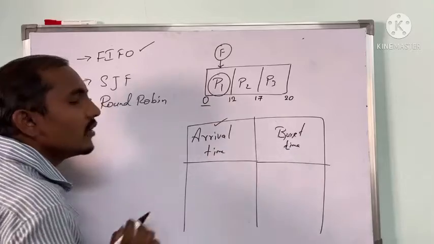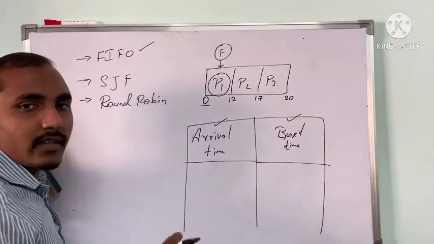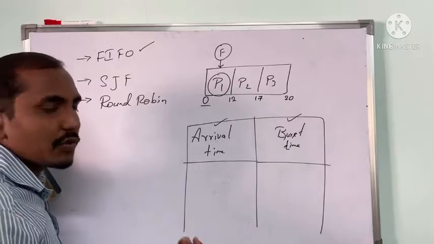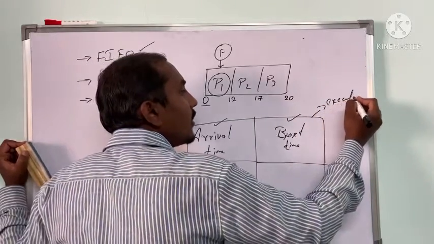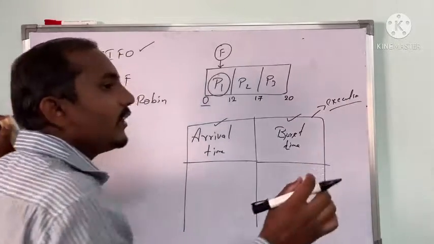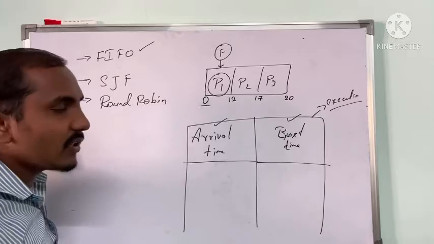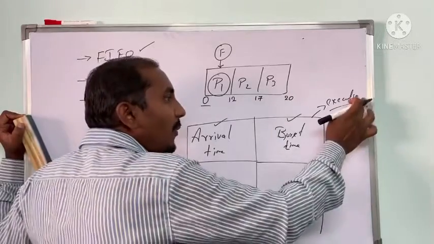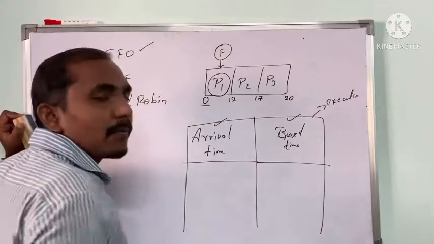That is nothing but your arrival time. Burst time is how many milliseconds the process needs for execution. That is, this is execution time. For taking input I need 2 milliseconds, for printing output I need 3 milliseconds or something like that. That type of time, how much time the process needs to complete its execution, is represented by burst time.